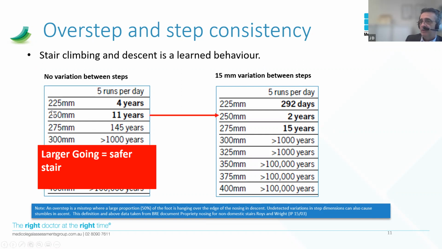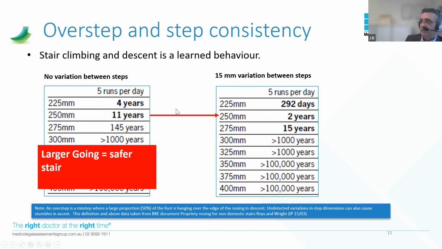Also, I'd like to point out, if there's a variation between the steps, for example, if one step is 250 millimeters and the following step is 235 millimeters, or a 15 millimeter variation between the steps, there's a significant increase of a risk of an overstep, nearly 5-fold.